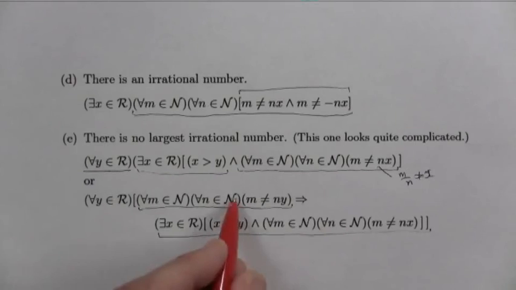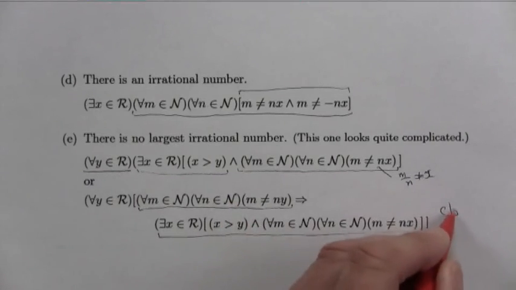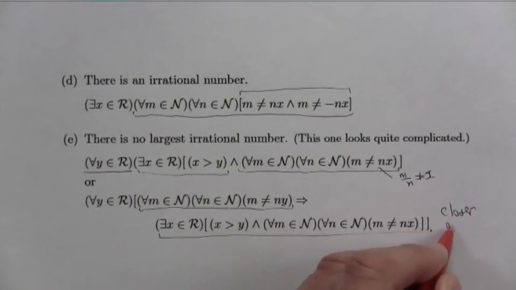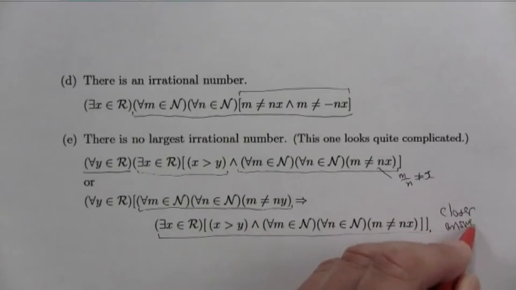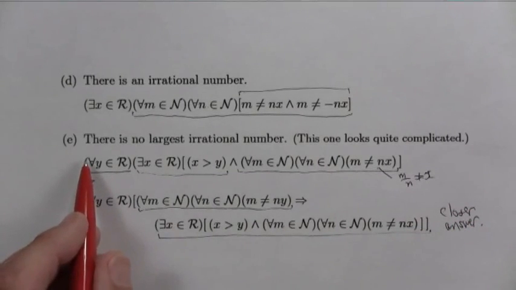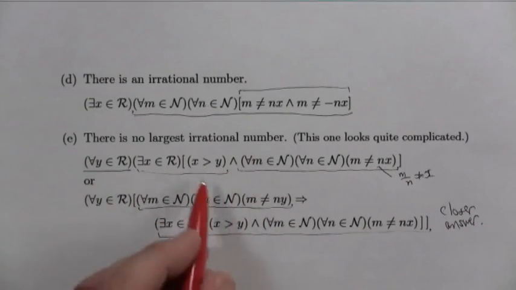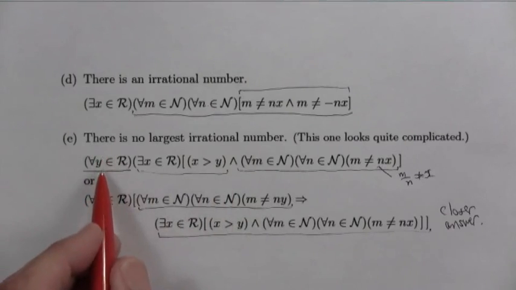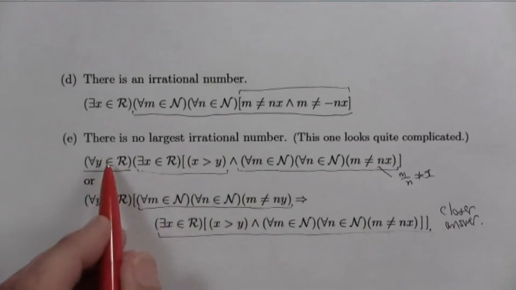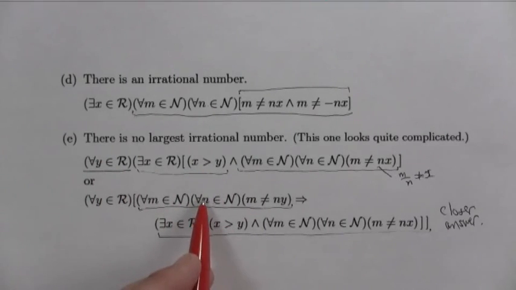So that's a closer answer. The first one's equivalent to it because the irrationals and the rationals that make up the reals are sort of interspersed, and if you can find an irrational bigger than any real number, then you can find an irrational bigger than any irrational number.